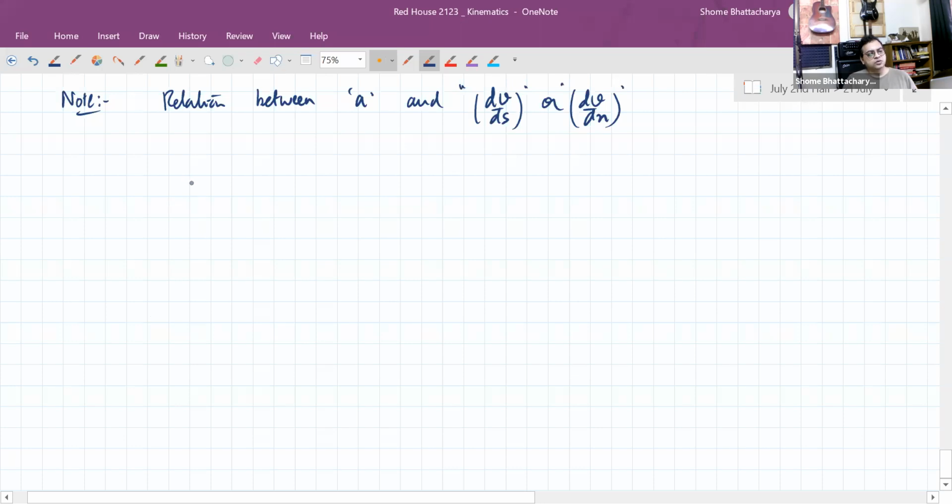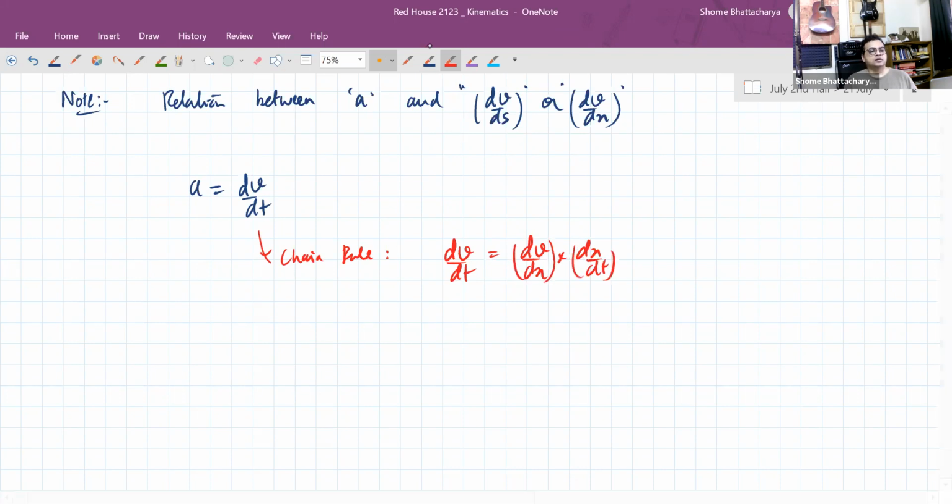Okay, so acceleration by definition is dv by dt. Now, if we use chain rule here, we can say that dv by dt is equal to dv by dx into dx by dt.